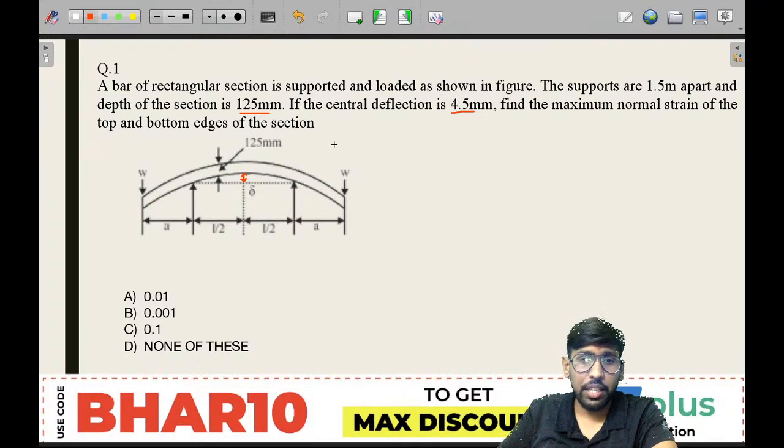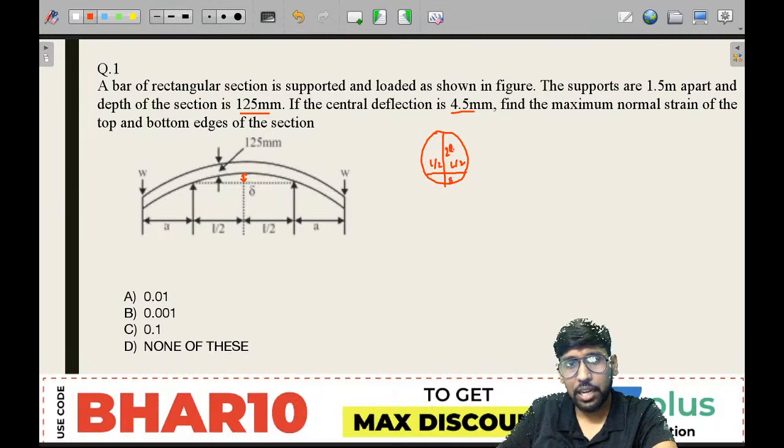We know that when you apply a load, it will bend in the form of a circular arc. If the length is L by 2, L by 2, and the deflection is delta, then the other part is 2R minus delta.